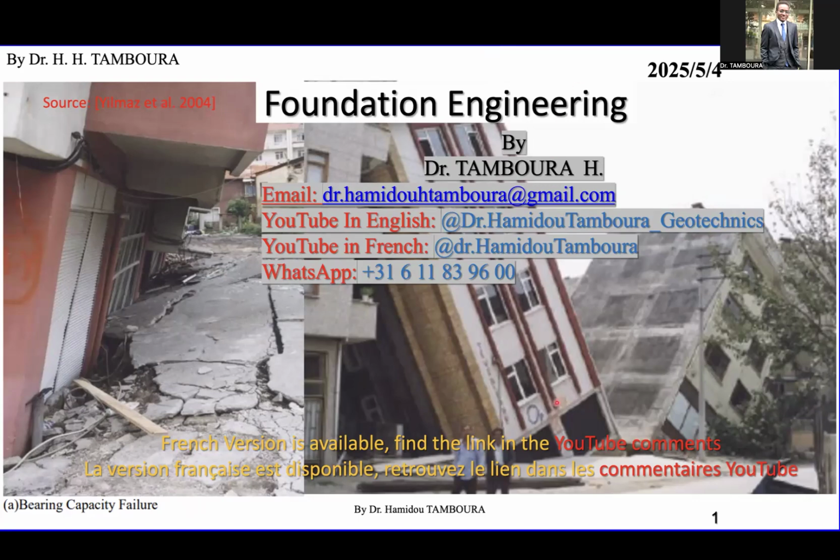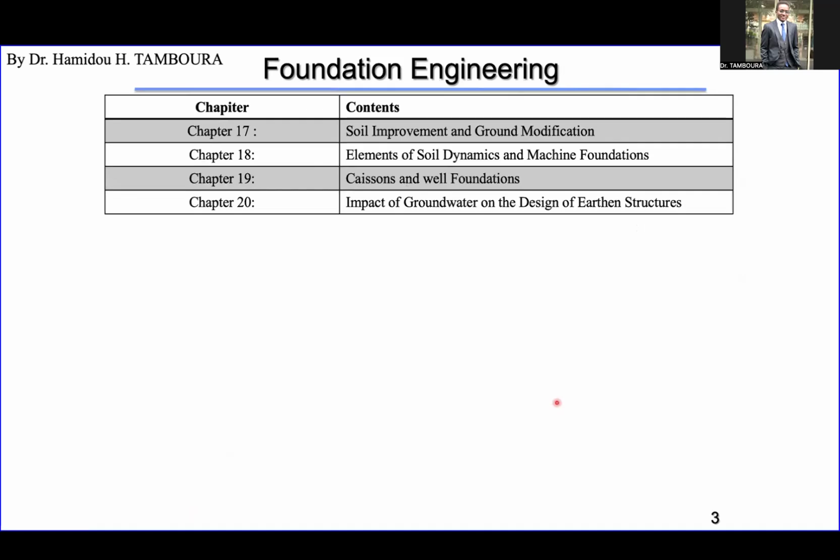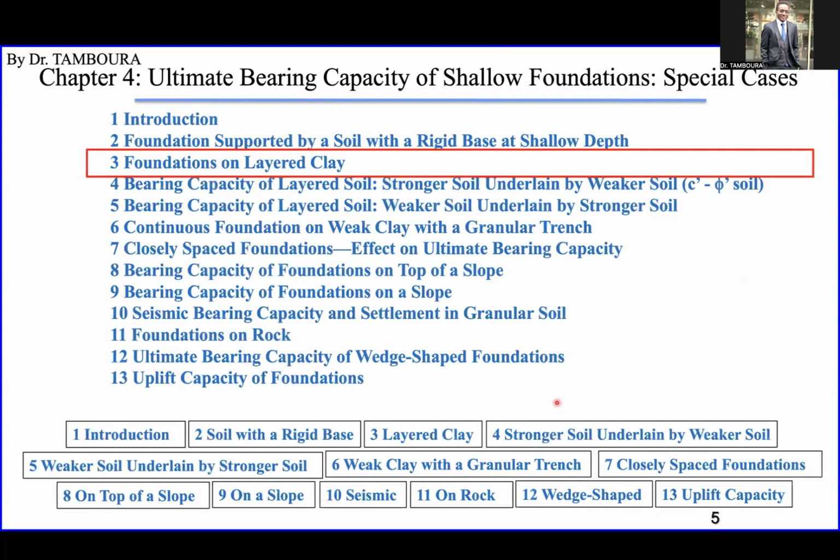We continue the class with Chapter 4, the ultimate bearing capacity of shallow foundations, very specific cases. Today, we are going to talk about point number 3 of this chapter, which is about foundations on layered clay.